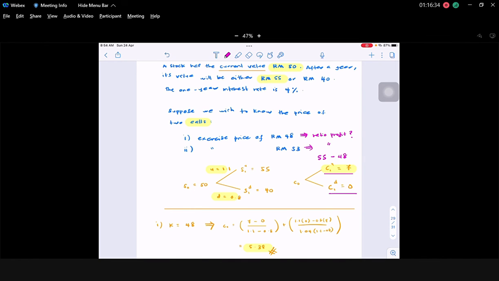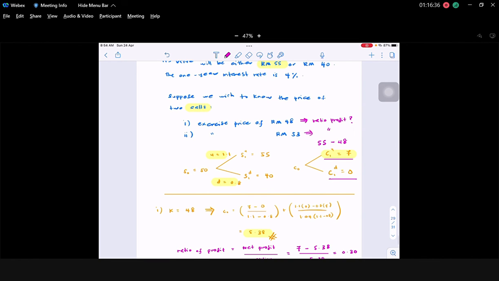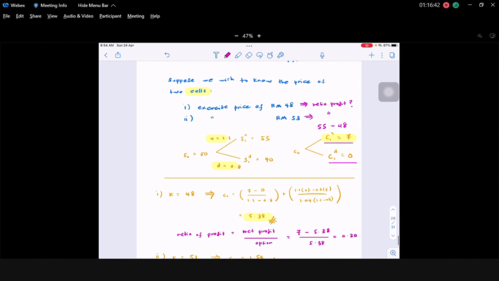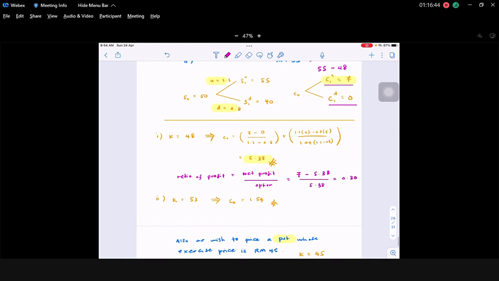Okay, so kita akan dapat payoff dekat situ 7. Okay, so kita akan dapat revenue RM7. Okay, so of course kita tolak dengan option yang kita bayar RM5.38. Okay, so over dengan price of option. Okay, so itu kita katakan sebagai ratio of profit.